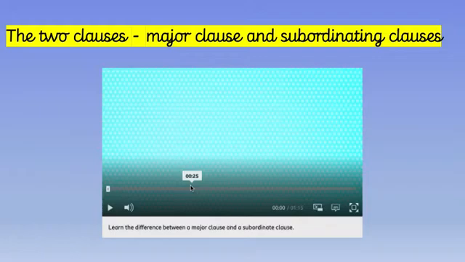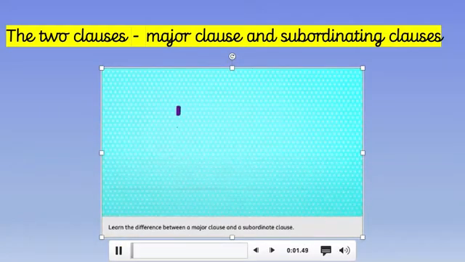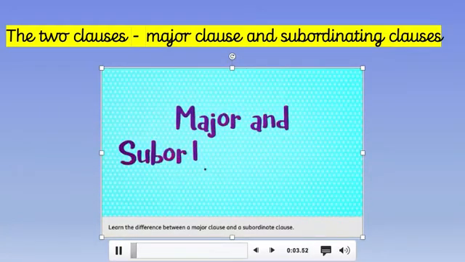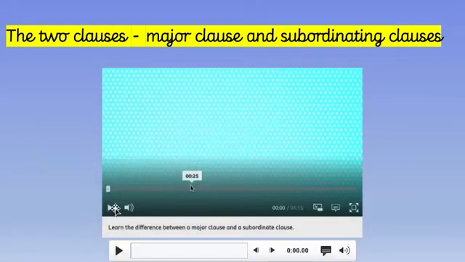Okay. Right, so the two clauses, major and subordinating clause. So this isn't always the case, but we're going to learn a little bit about the major and subordinating clause.